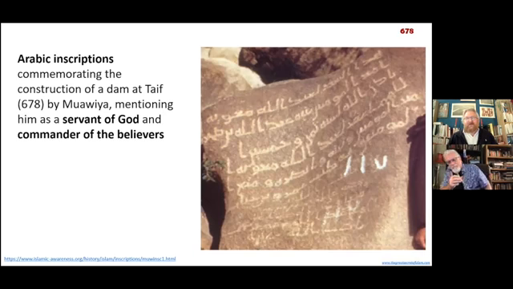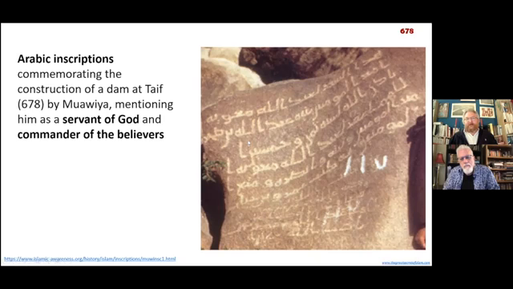Muawiyah is claiming something that only the Messiah should be. The Messiah should be the intermediary between God and man. Here, Muawiyah is telling the world, for everyone to read, to see this inscription, that he is an intermediary between God and man.